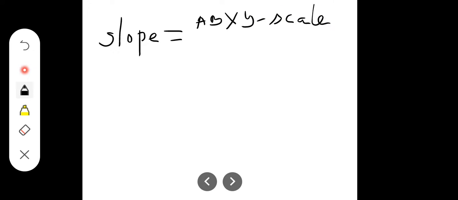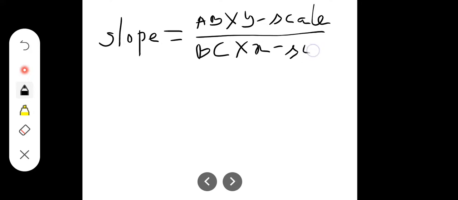Y scale is what we have chosen first, right? And divided by BC into X scale. These are the values we have chosen first, right?